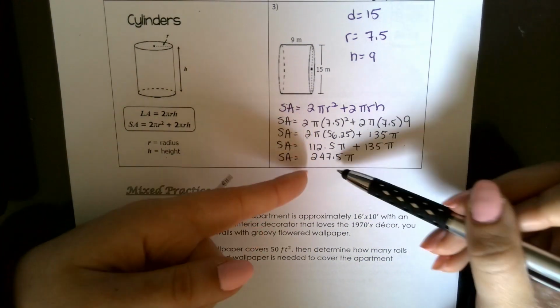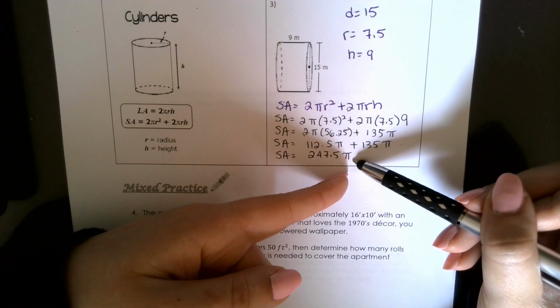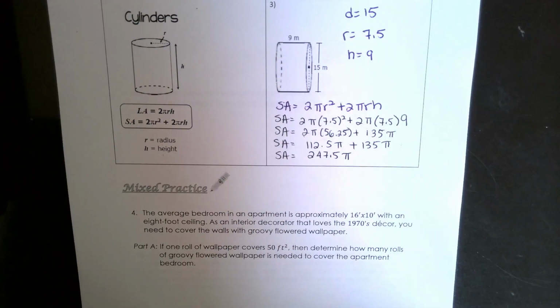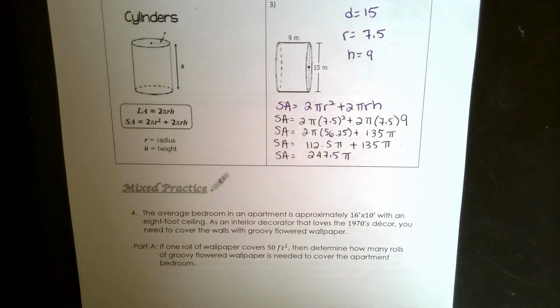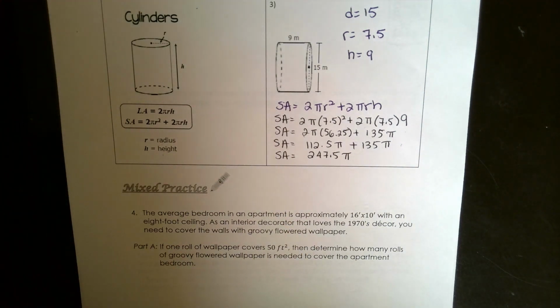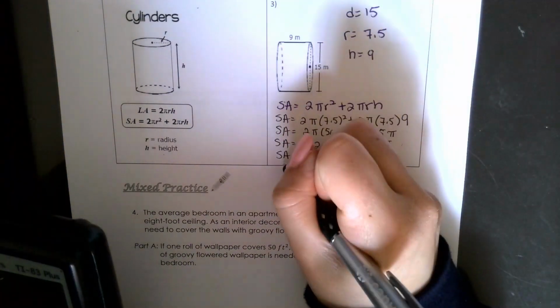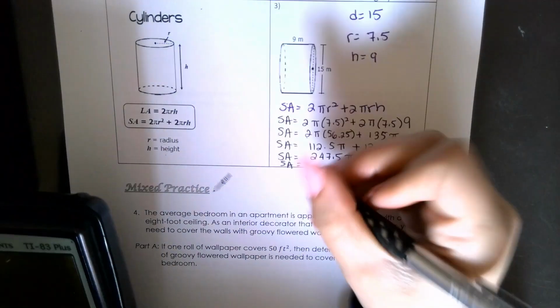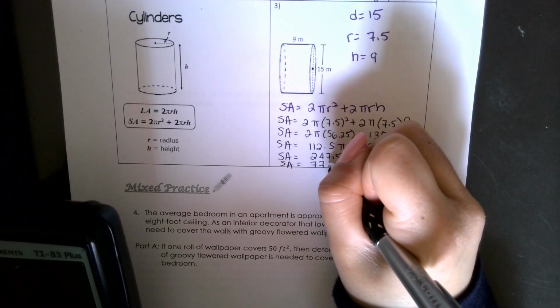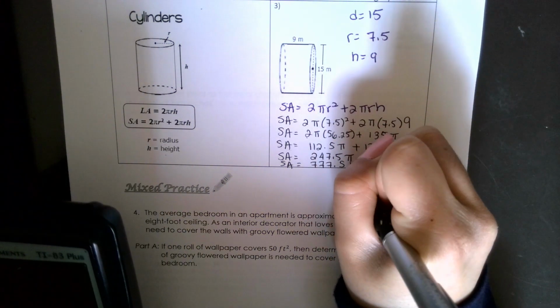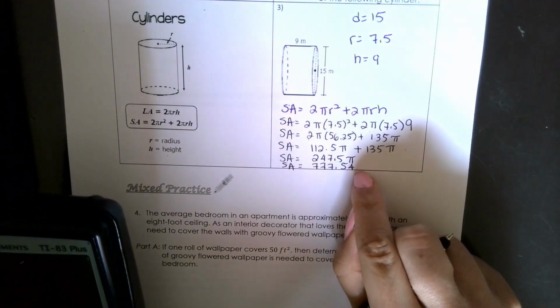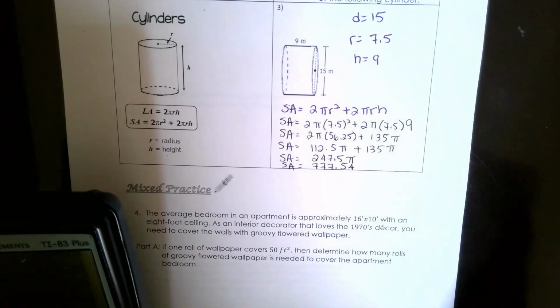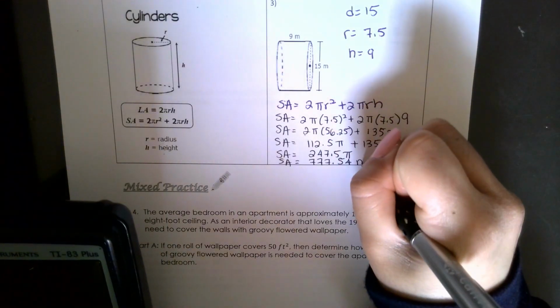So I have 247.5 pi's, and then you multiply it out. So my surface area, it didn't tell us where to round it, so I'm just going to round it to the nearest hundredth. 777.54. There was another 4 afterwards, that's why I didn't round up. And my unit is going to be meters squared.